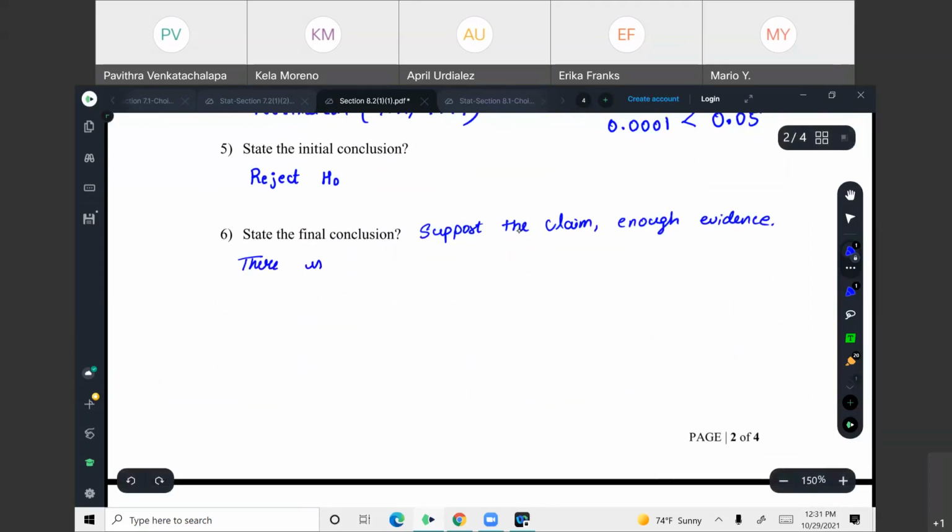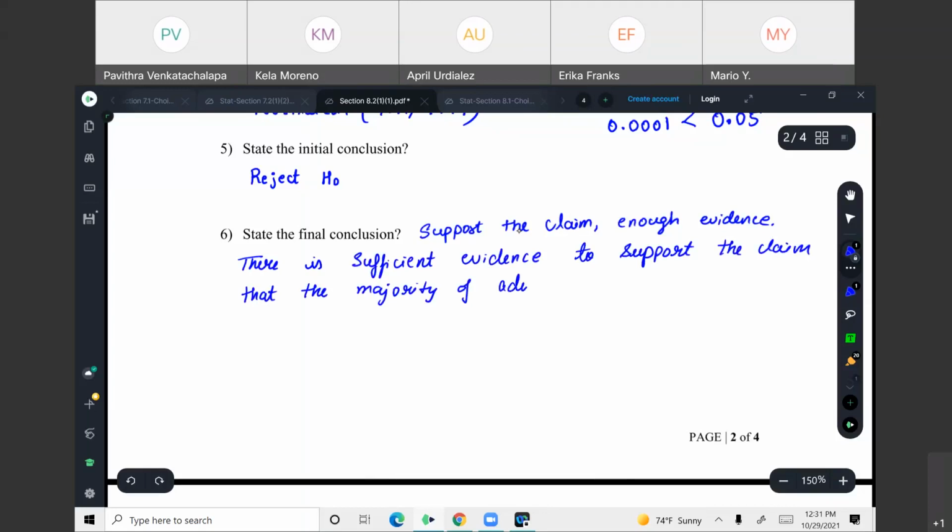We'll say there is sufficient evidence to support the claim, and what was the claim? Claim was that the majority of adults use alcoholic beverage.